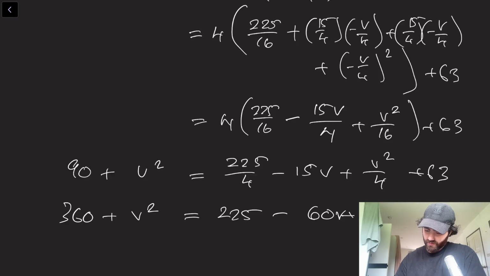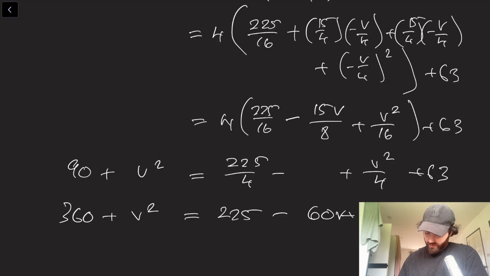Oh, it's 15 over 16. This is wrong. I times it in wrong. My bad. 15 over 16, negative 1 minus 15 over 16. So this should actually be minus 15 over 8.